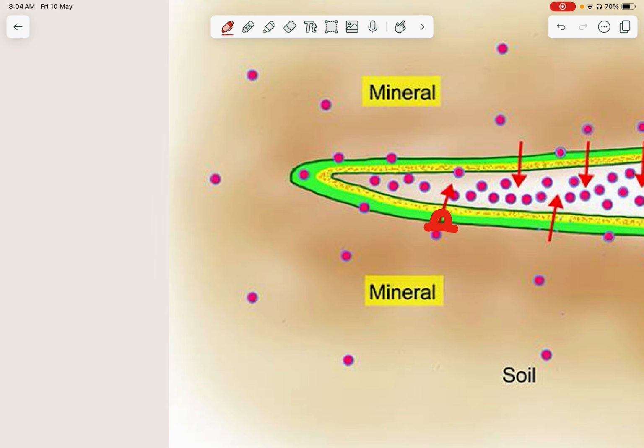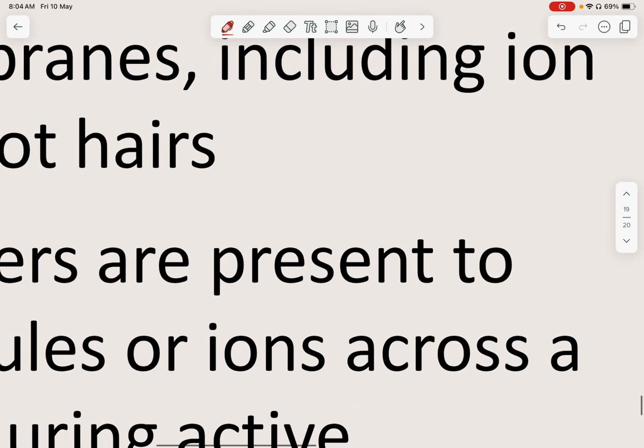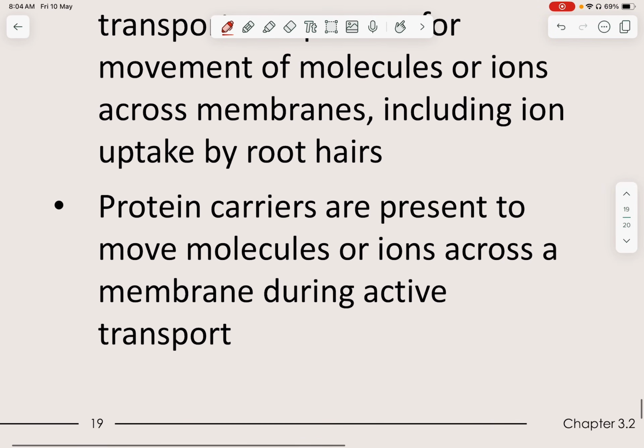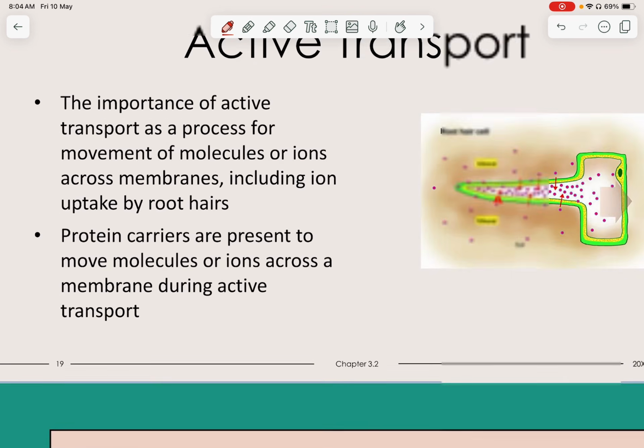But of course, it needs energy from respiration, and active transport will occur like this, from a lower concentration to a higher concentration, or you can say against the concentration gradient. Okay, so protein carriers are present to move molecules or ions across the membrane during active transport.